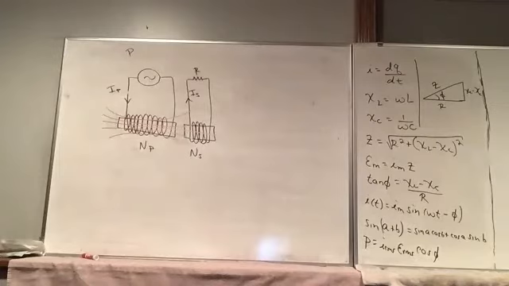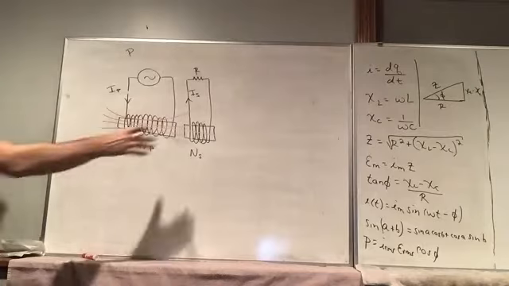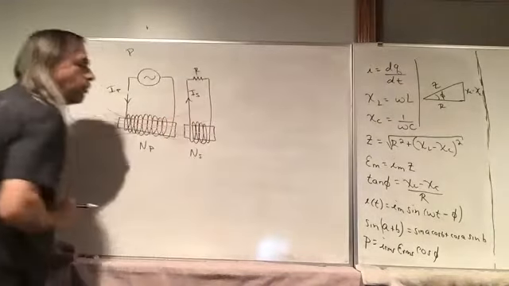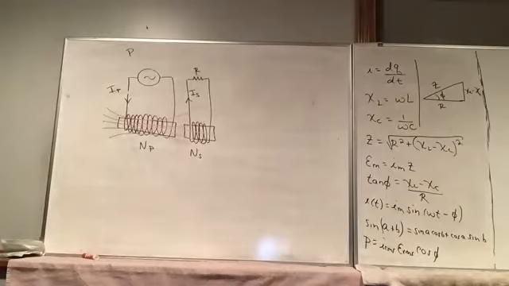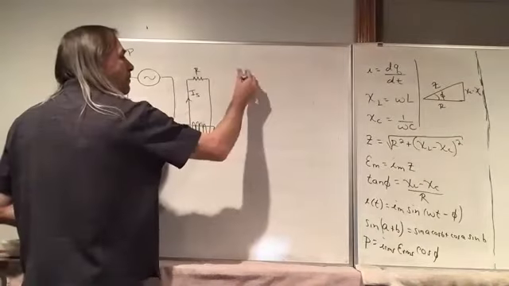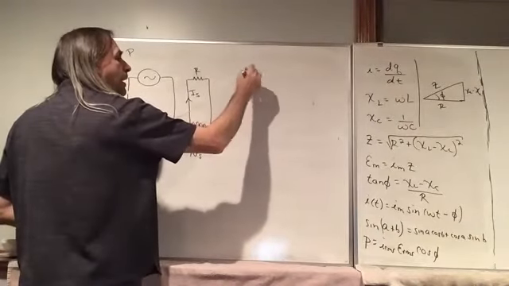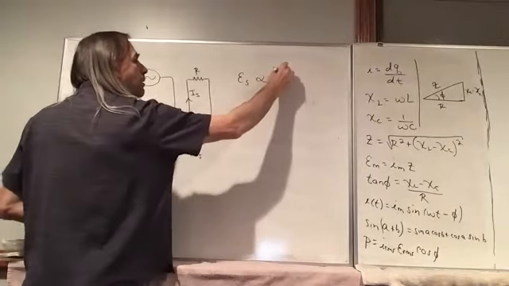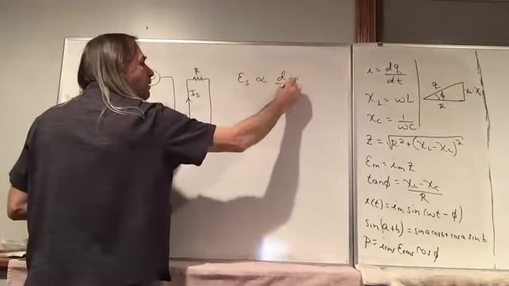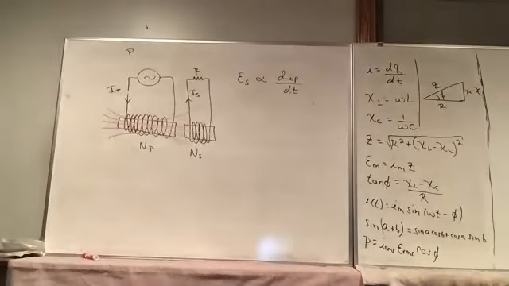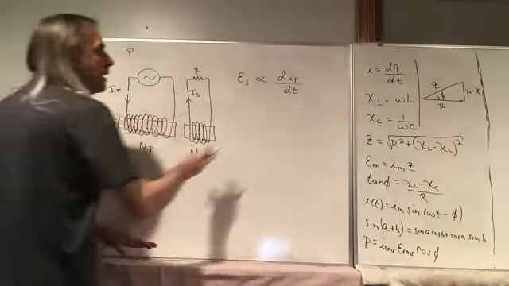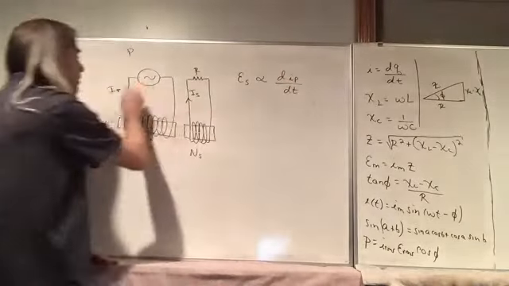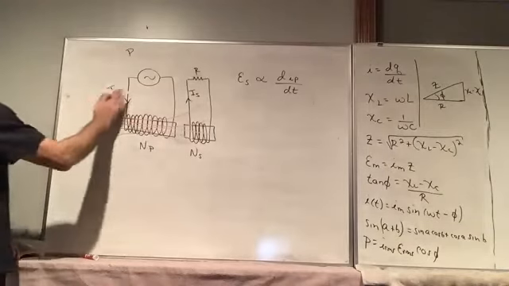And that changing flux will create an EMF in the secondary coil that will drive a current in the secondary coil. It shouldn't be too hard to believe that the reason the EMF in the secondary coil exists is because of the changing current.